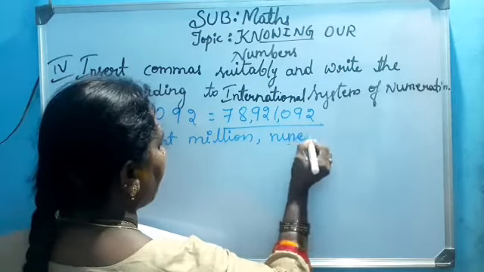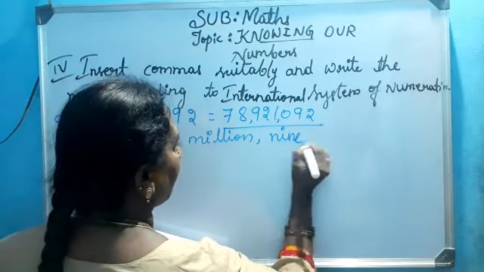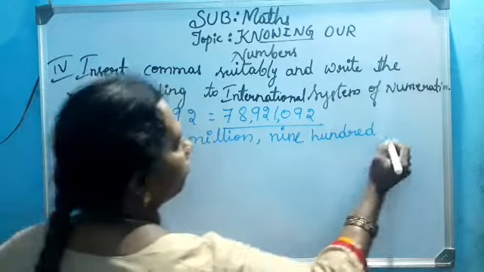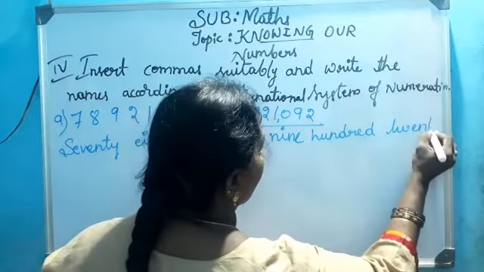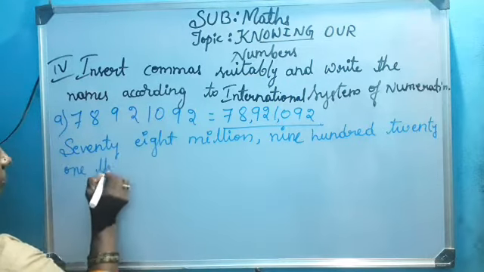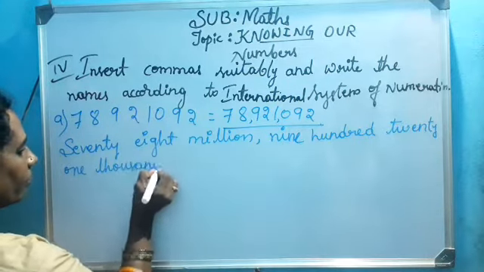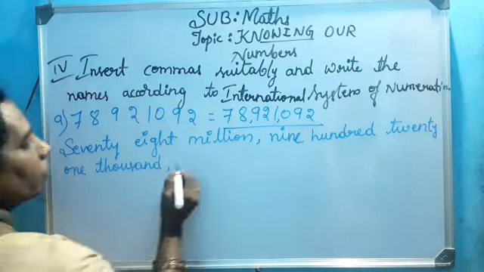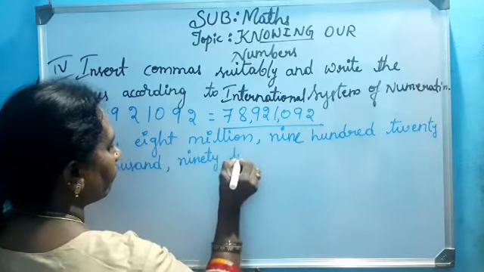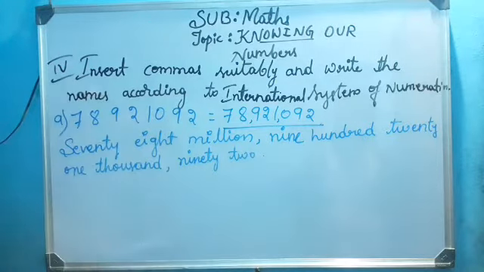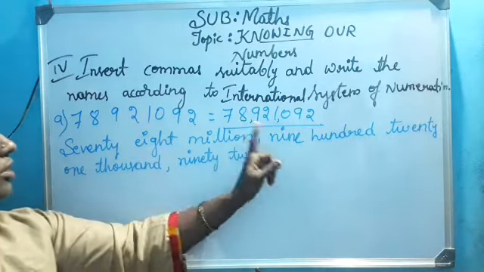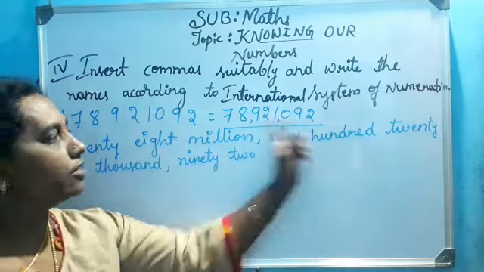900, 21,000, 92. See once again, 78,921,000.